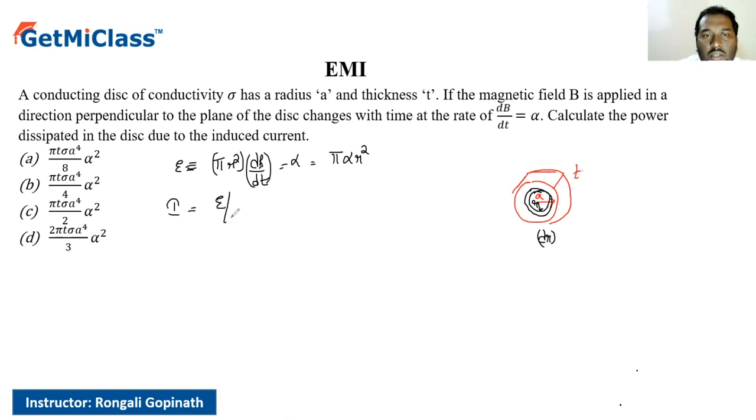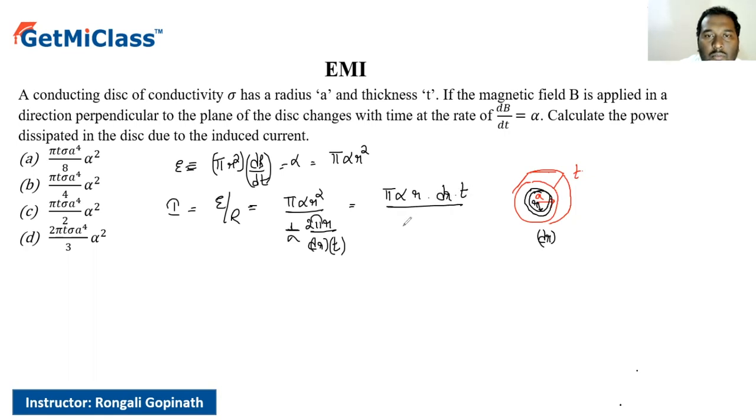It is EMF by resistance of the tiny ring, which is pi alpha R square by resistance, given by rho L by A, or 1 by sigma. Length is 2 pi R. Area of cross section is dr into the thickness T.